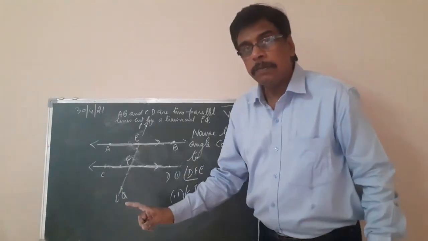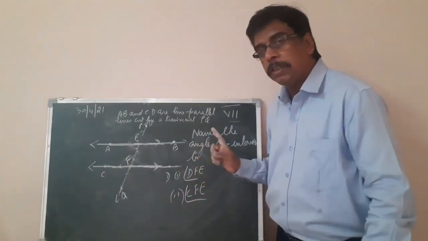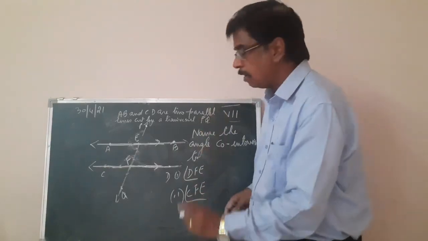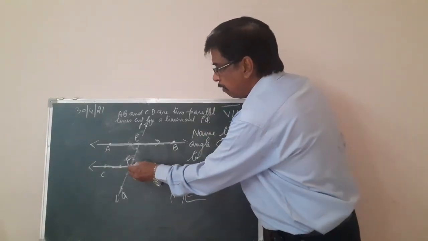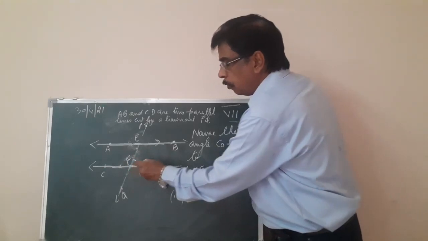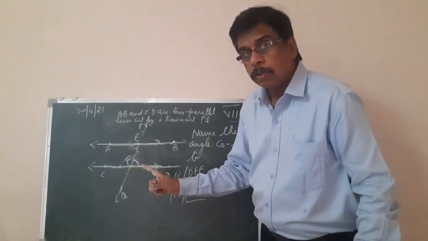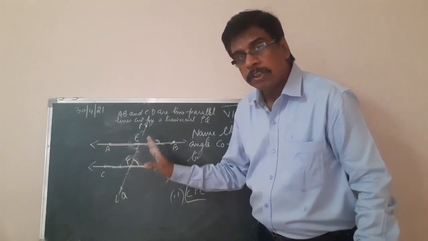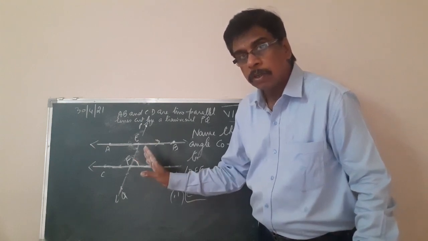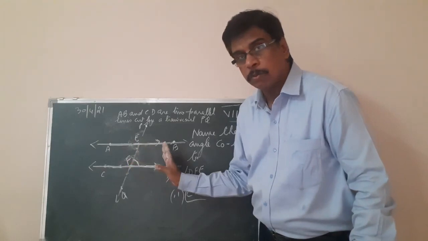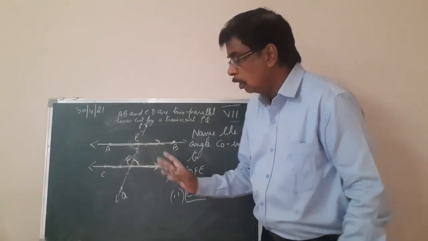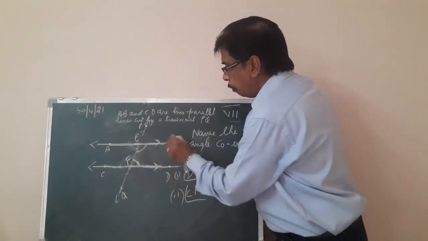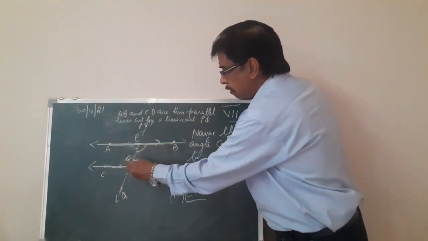Now they are asking us name the angle co-interior to the following angles. DFE. First mark where is DFE. This angle. So co-interior means two interior angles which are on the same side of the transversal, and they are in the interior. So interior to this is this one. They are on the same side. So it becomes angle BEF.